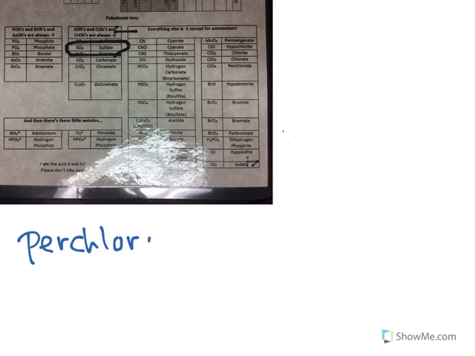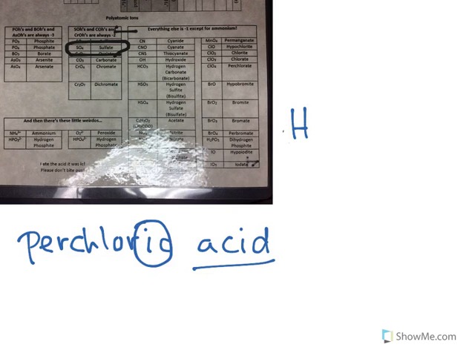Let's do another one. Let's say we have perchloric acid. We know it's an acid, and acids start with H. Always going to start with the H. Then we look at the ending. It ends with IC, and remember, IC means ATE.